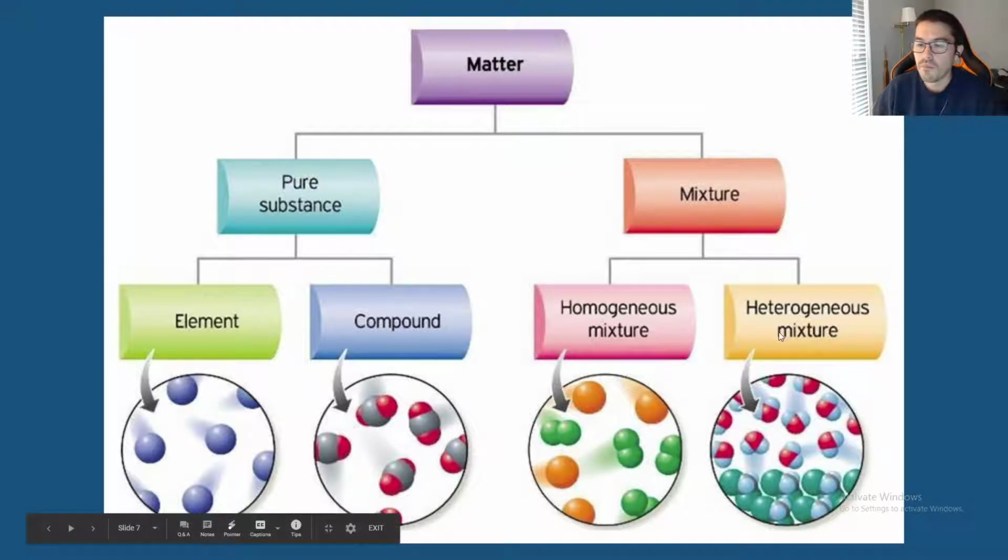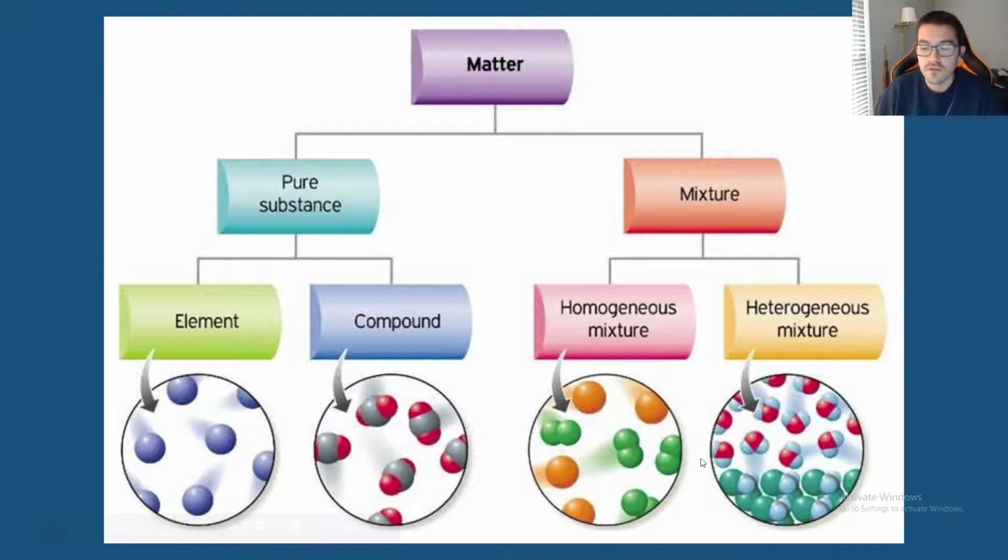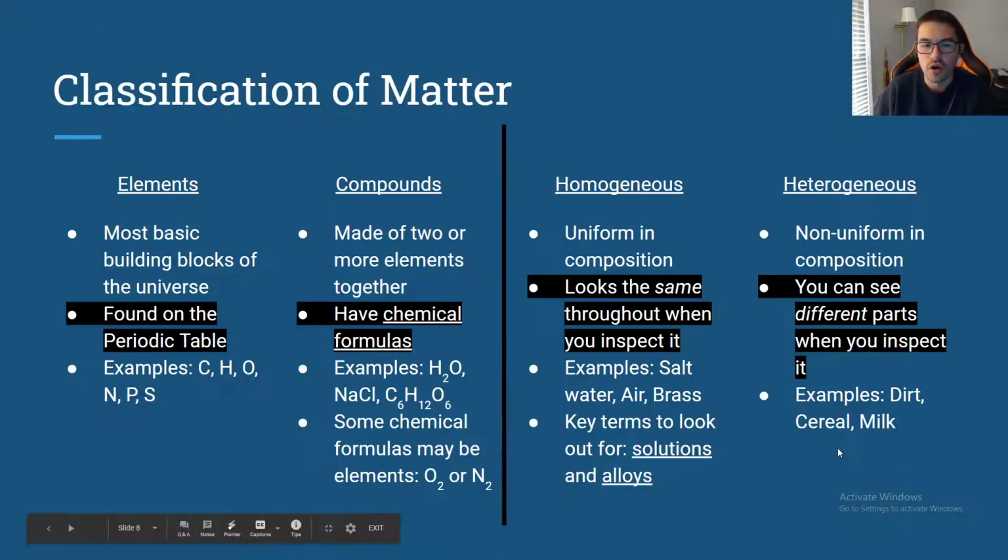But with a heterogeneous mixture, hetero means different, you can see the different pieces. Let me go to this slide here. This has all the notes that I would want you to know. You can refer to this slide later while you're working on my assignment. With heterogeneous mixtures, you can see the different parts in it. Homogeneous, you can't. Everything sort of looks the same.